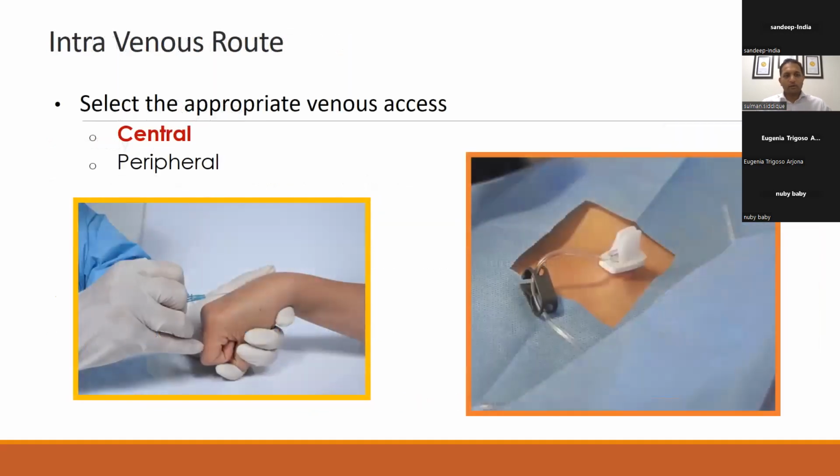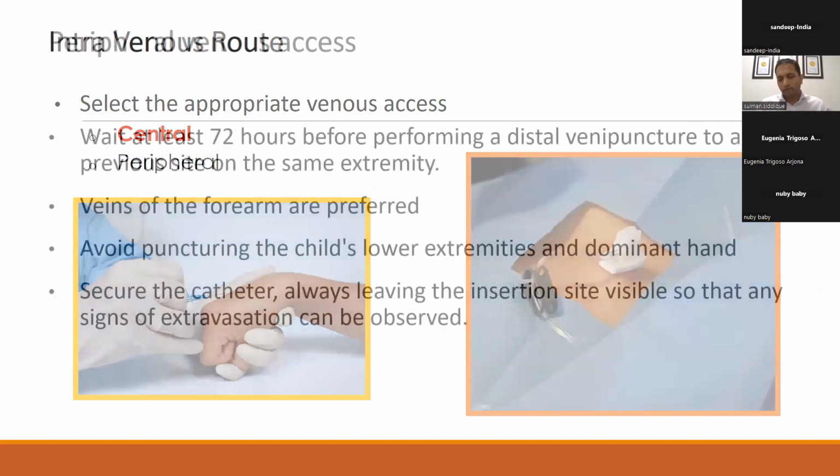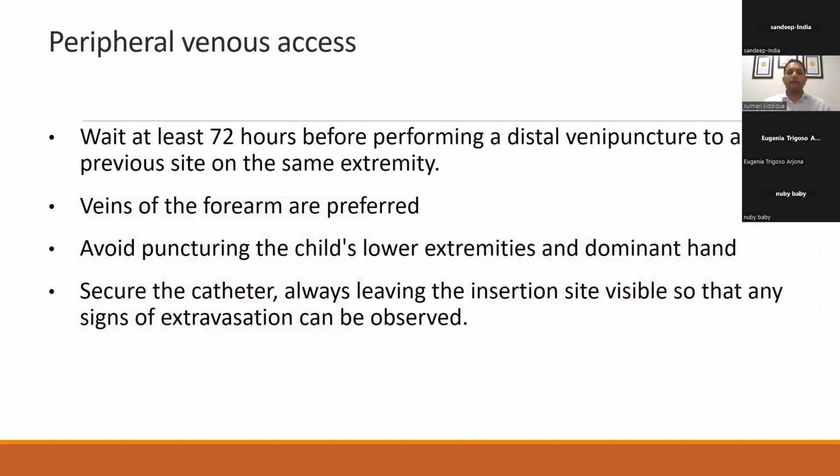Next commonly used route is intravenous route. So usually two types of venous access are used, one is central and the other peripheral. So with peripheral venous access, you have to wait at least 72 hours. Again, these are the precautions that we have to take.